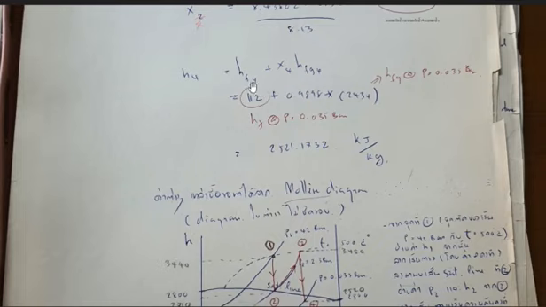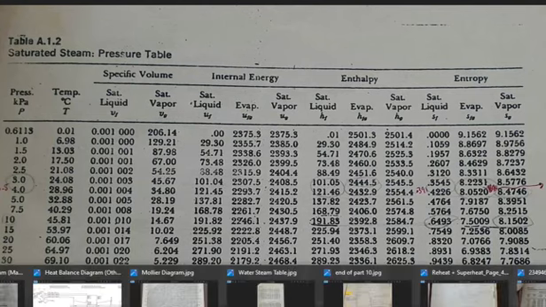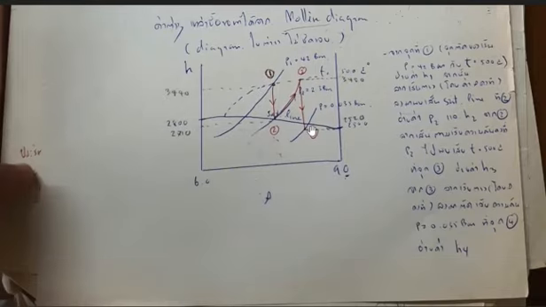And for saturated enthalpy and evaporated enthalpy, we can also find from this table here. You can see that we can find saturated liquid enthalpy and evaporated enthalpy for the pressure 3.5 kilopascal or 0.035 bar. This is how I explain to the student how to get the number using the Mollier diagram.